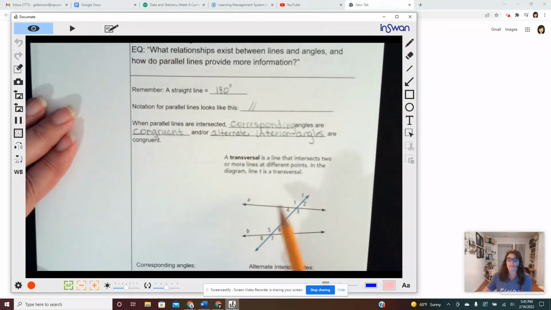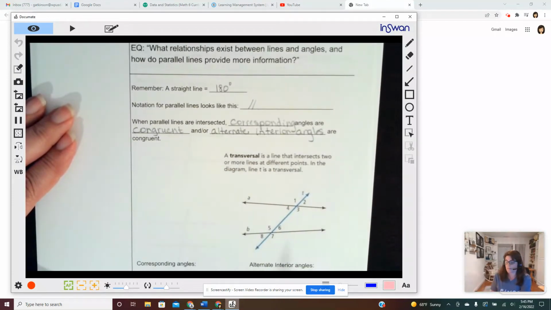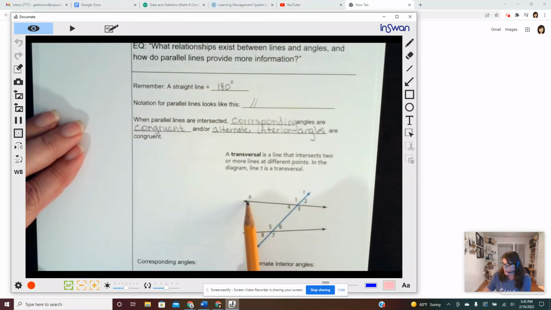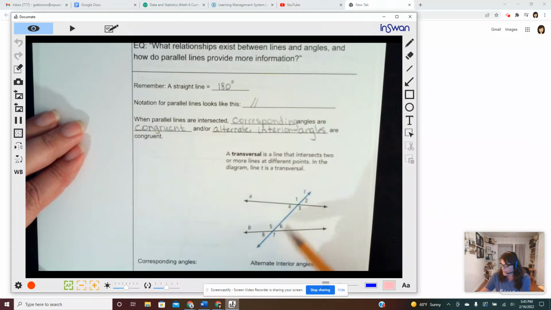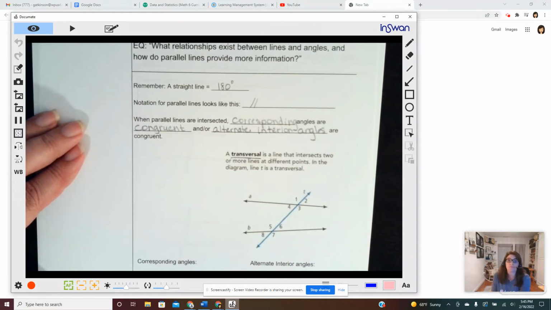So we have some lines. These particular lines, line A and line B, are not parallel. I mean, they're kind of obviously not parallel. When they are crossed by a line, in this case line T, that is a transversal.